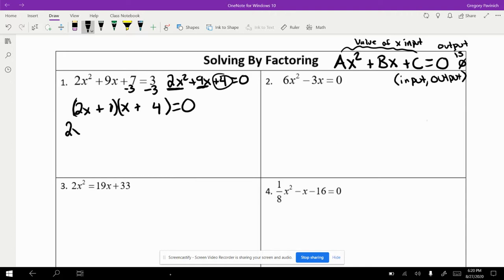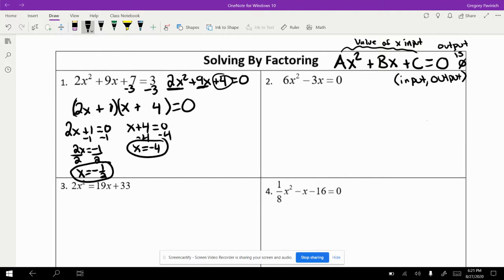So I'm going to take 2x plus 1, and I'm going to say, when would this possibly be 0? What value would cause that factor to equal 0? And the answer is negative a half. I'm going to do the same thing here, and I get -4. And remember, these are the inputs that I plug into x, where my output is going to be 0, which is an x-intercept.